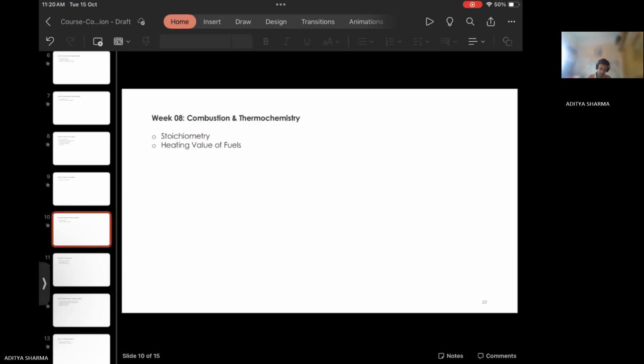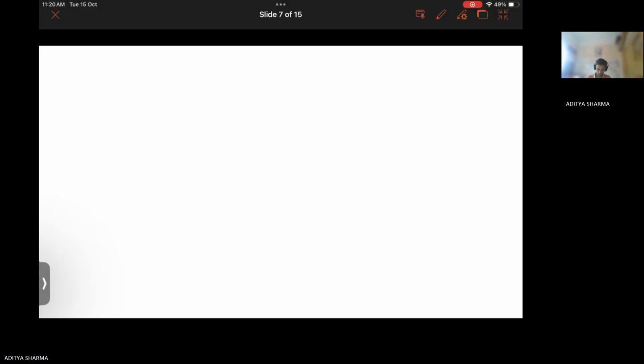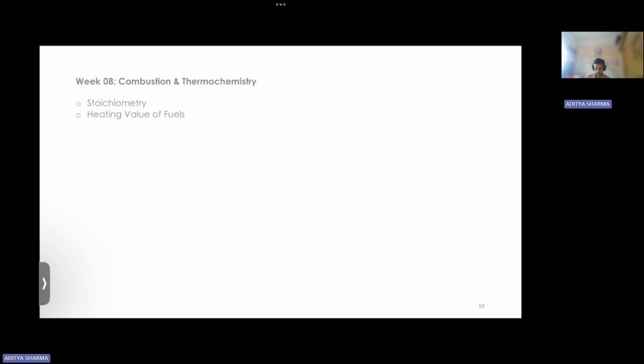This is your section 3. So your section 3 starts with your combustion and thermochemistry. This is week 8.